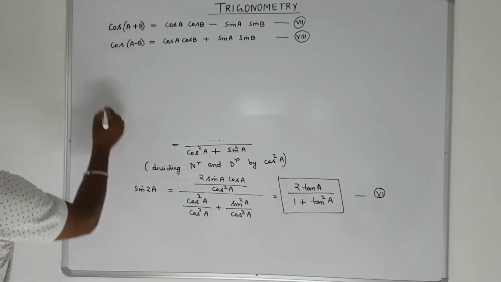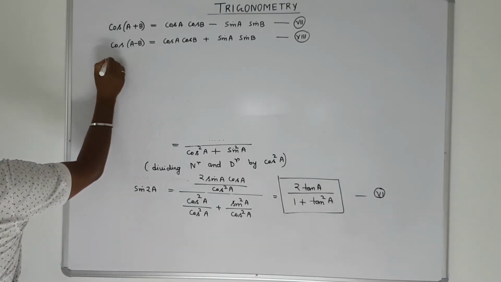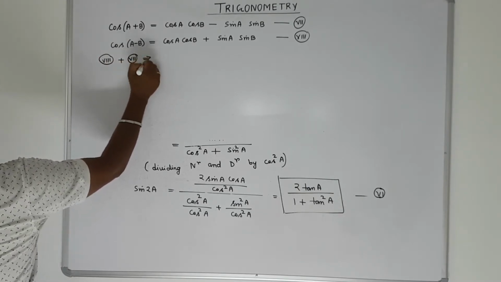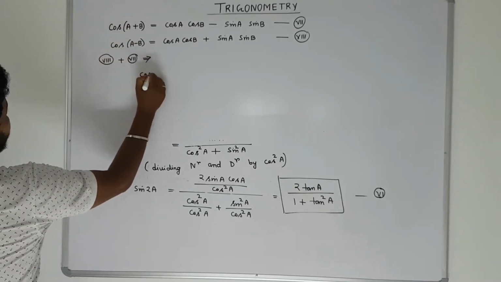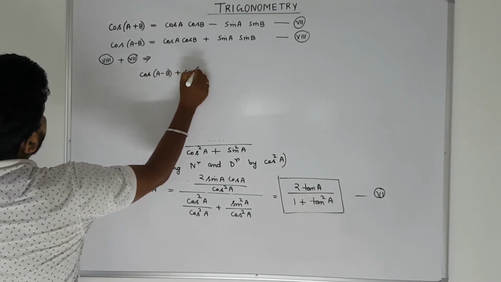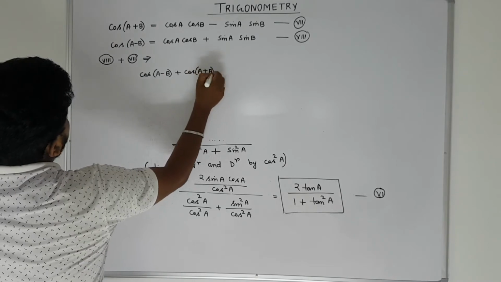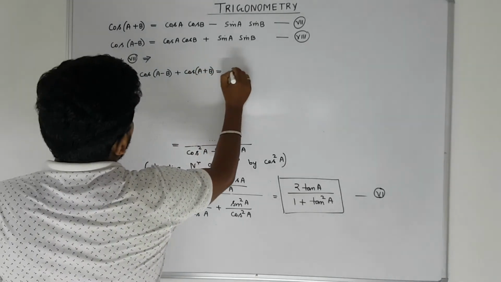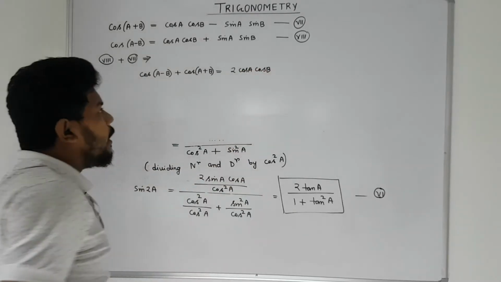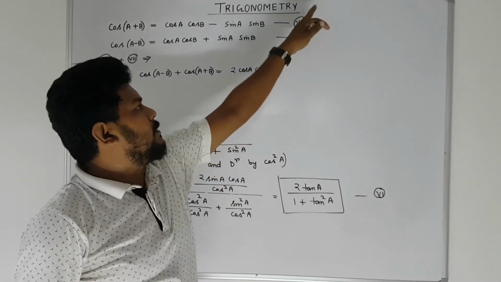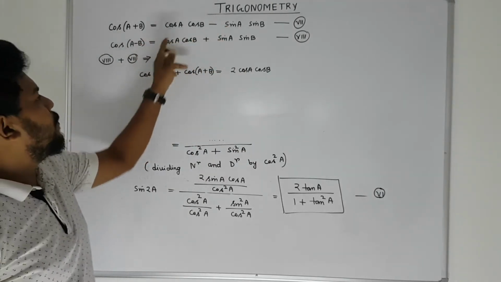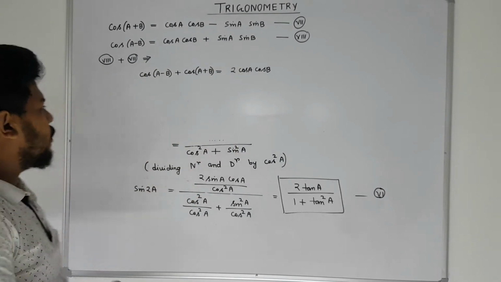Now adding number 8 and number 7, I will get cos(A-B) + cos(A+B) = 2 cos A cos B, as minus plus cancels.